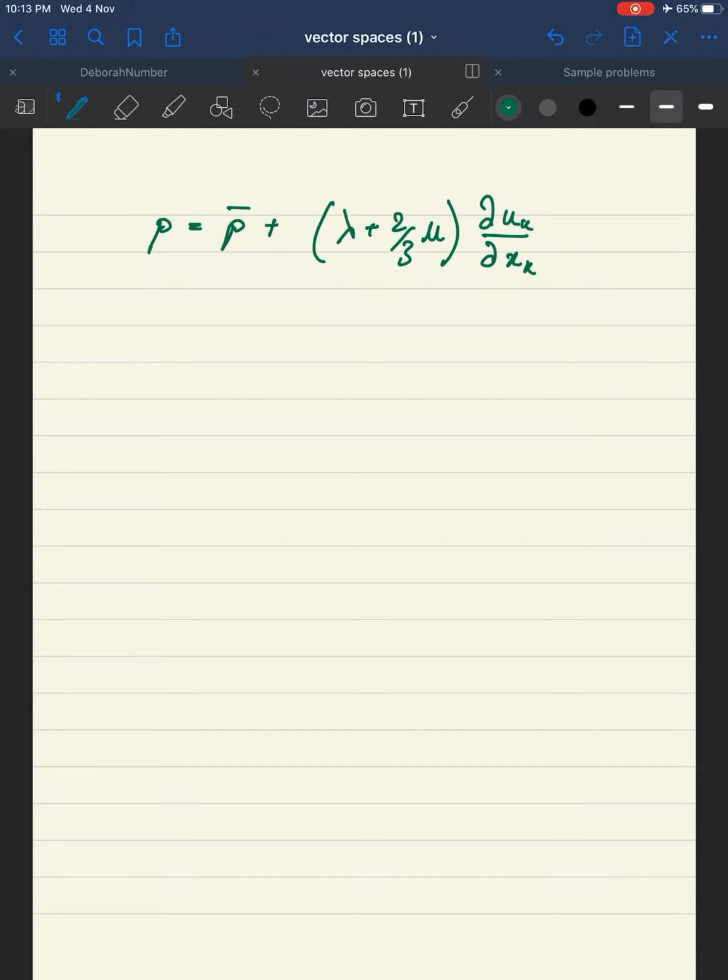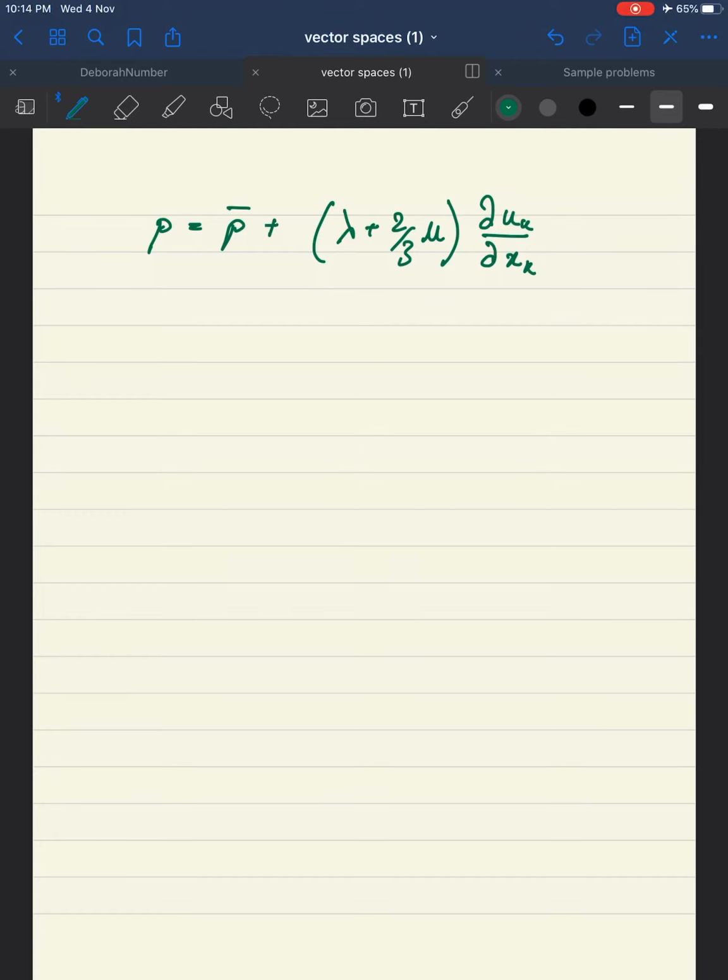The reason is that the mechanical pressure is a measure of only the translational energy, whereas the thermodynamic pressure is a measure of the total energy, which includes translational, rotational, vibrational, and other energies. So this bulk viscosity K is a measure of the transfer of energy from the translational mode to the other modes.